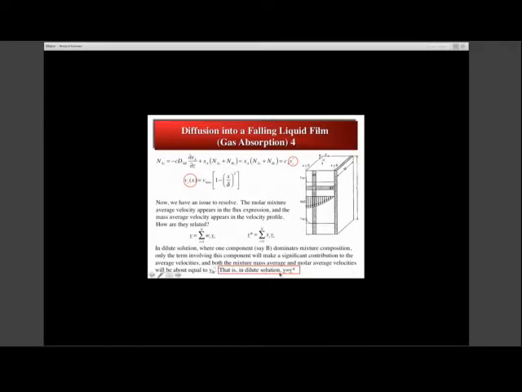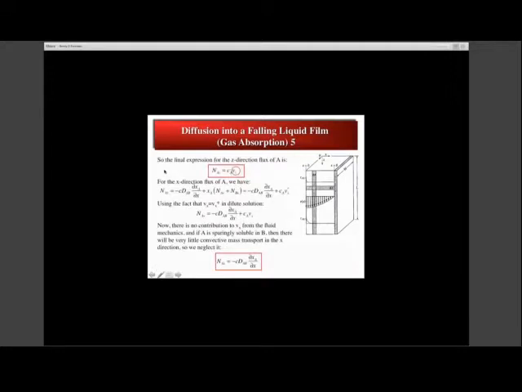But in dilute solution, it turns out that the mass average and molar average velocities are approximately equal to one another. And so we are solving this problem in that limit, and this gives us a reasonable approximation so that we can put the expression for the velocity from the fluid mechanics into this expression for the flux of A in the Z direction.